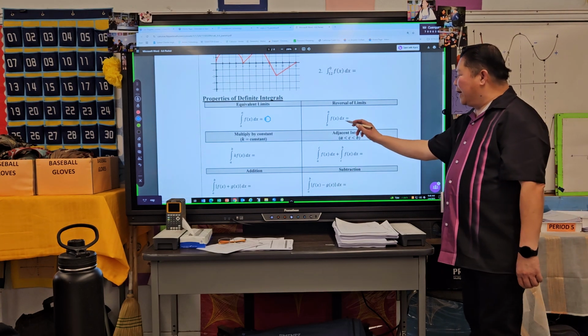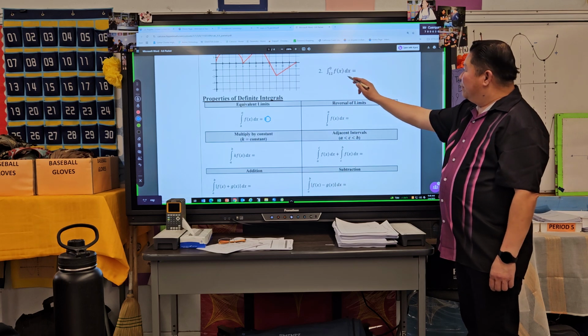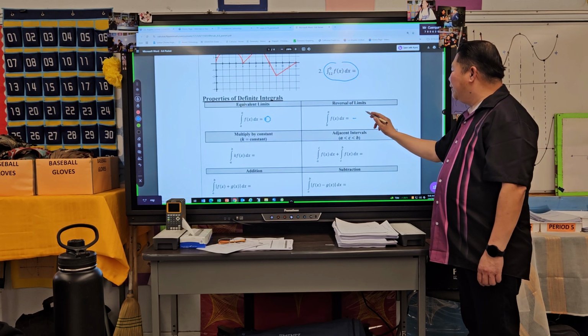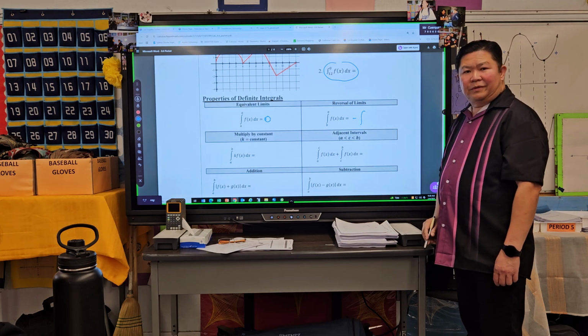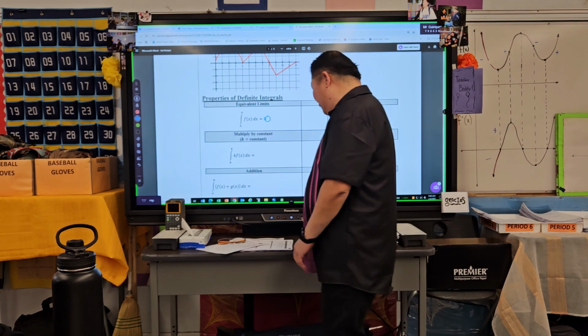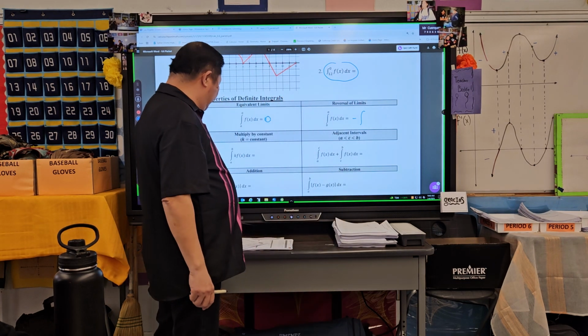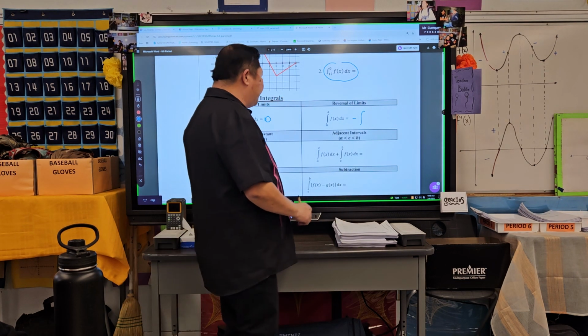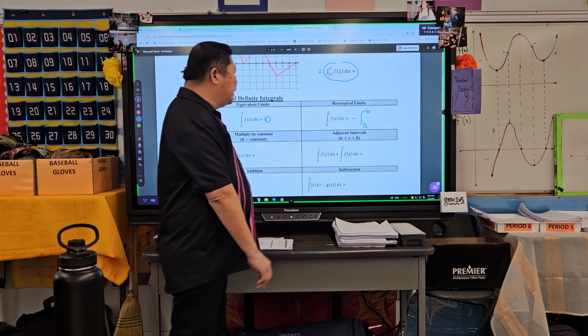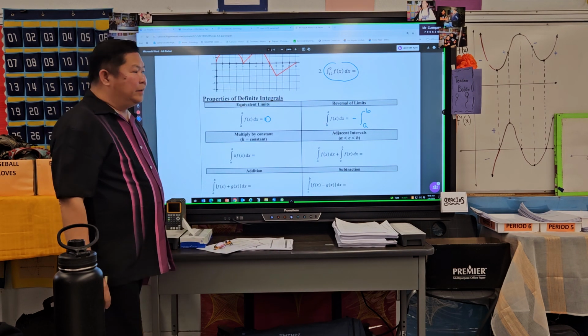So from this idea, you're going to have the negative integral from a to b of f of x dx.